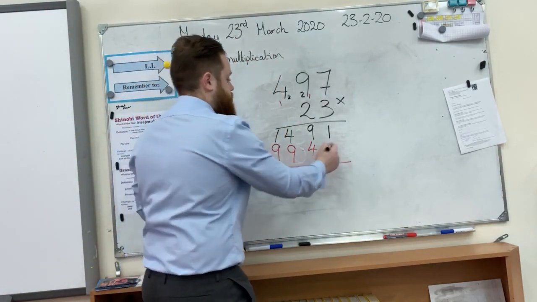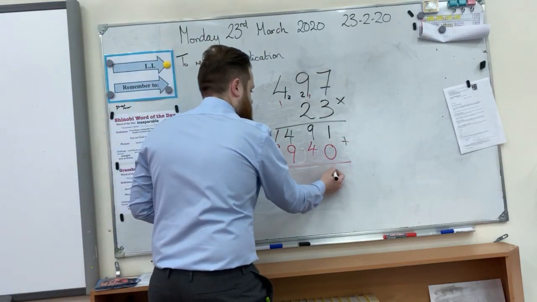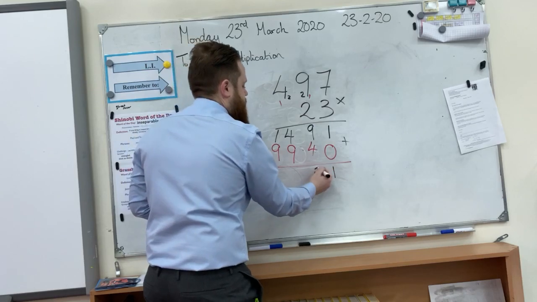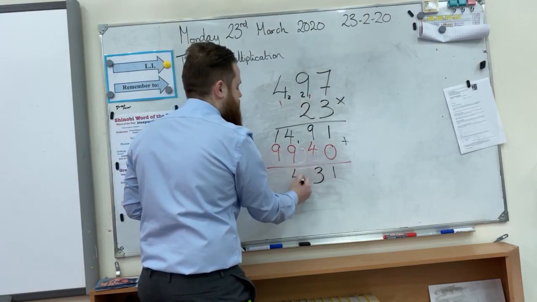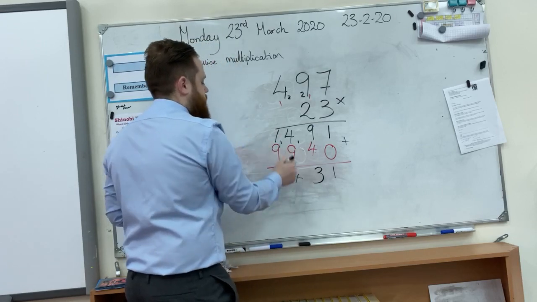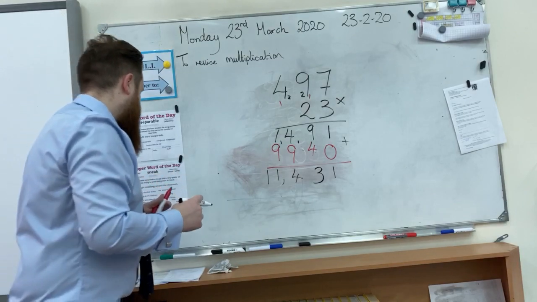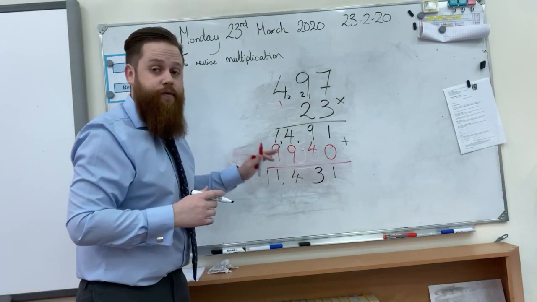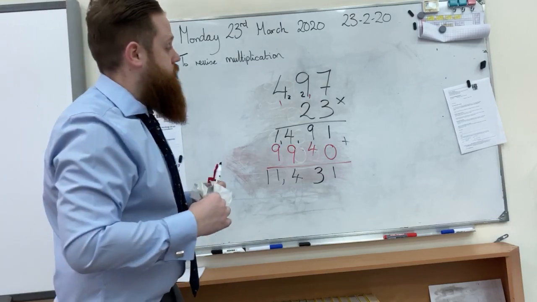Add those together, and that will give you an answer of 13. It's 13 again, plus my 1 is 14. And here is 11. That gives me a total answer of 11,431.